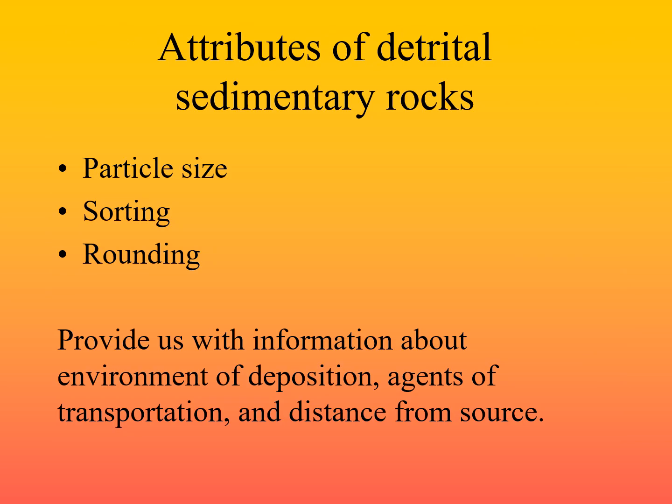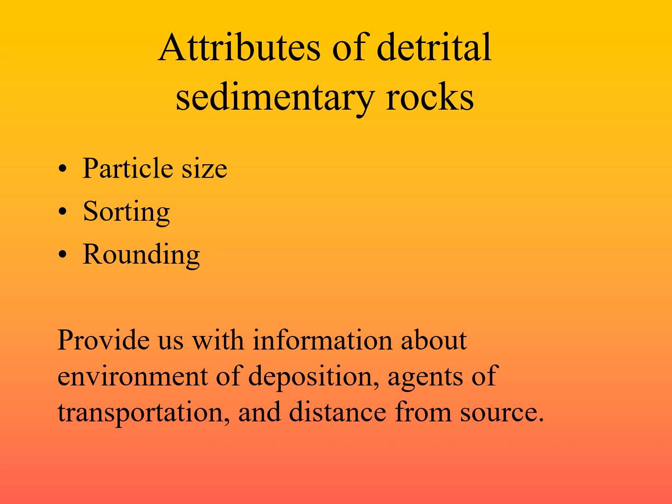And so this leads me into the attributes of detrital sedimentary rocks. The main things we look at when we're looking at detrital sedimentary rocks is particle size, like I just mentioned. So how big are the different particles that were consolidated together and lithified, whether they be conglomerates or mudstones, right, at the small end.